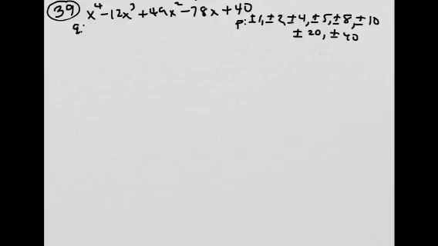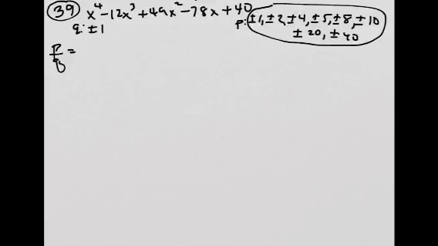Okay, q is just plus minus 1. So when you do p over q, it's basically the same list. I'll just draw an arrow to it because it's the same list, to save you a little bit of time in writing it. So we're going to get numbers from that list right there.